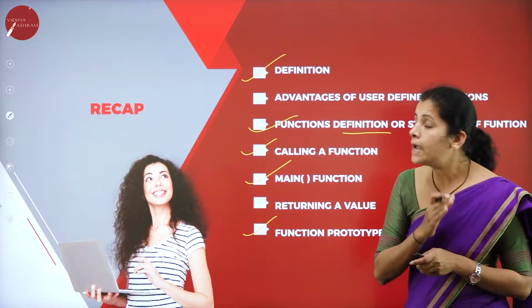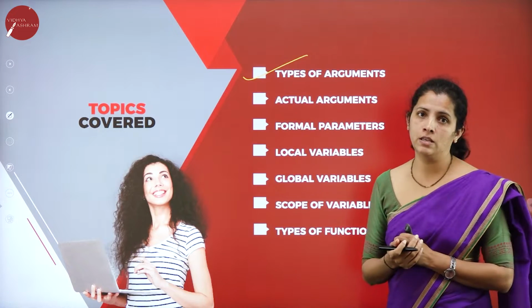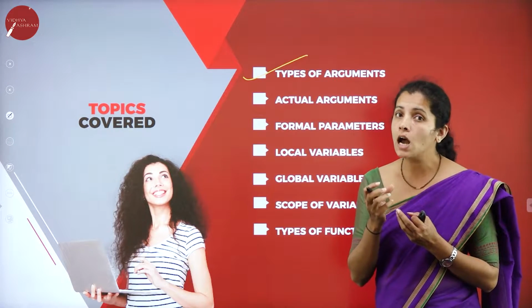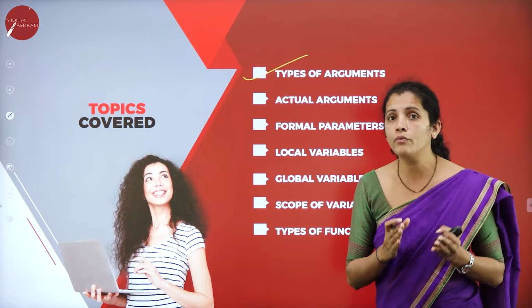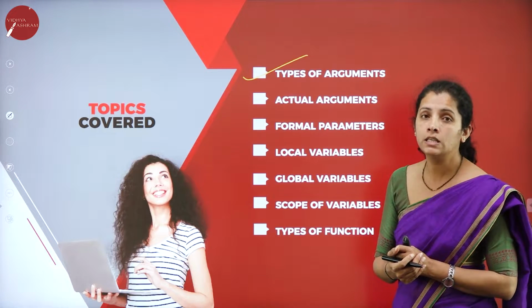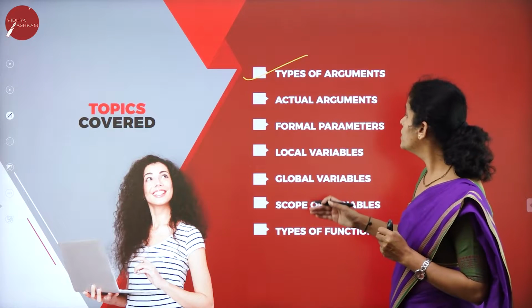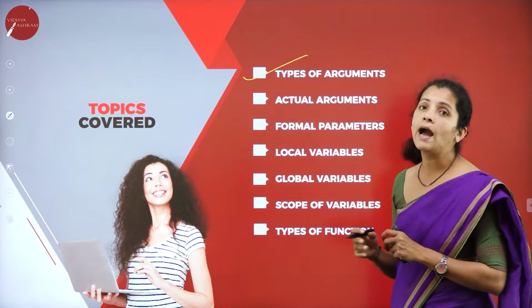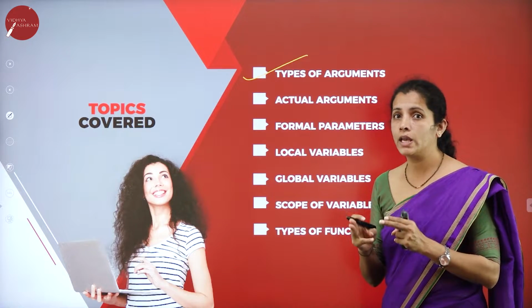But today I'm going to deal with types of arguments. Here, arguments are nothing but the variables, and what are the different kinds of variables I'm going to have, that I'm going to discuss in today's session. Totally we are going to have 4 different types of arguments or variables.